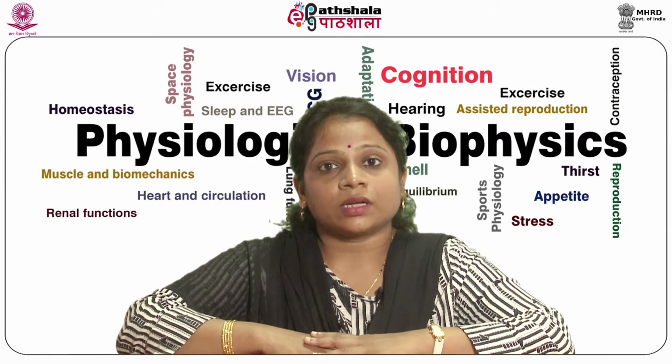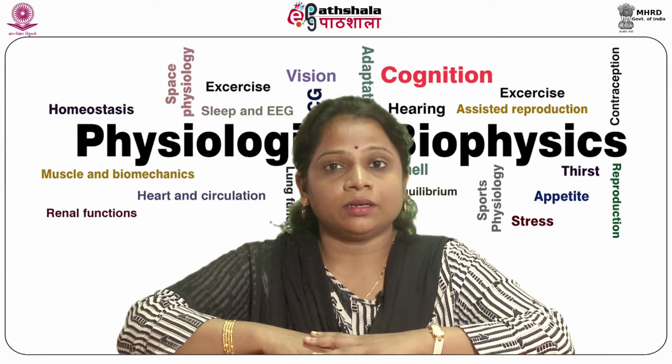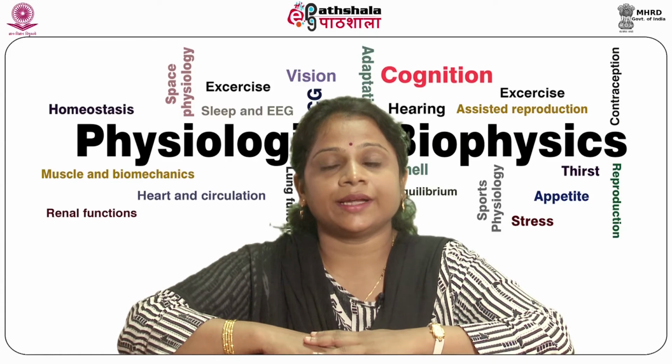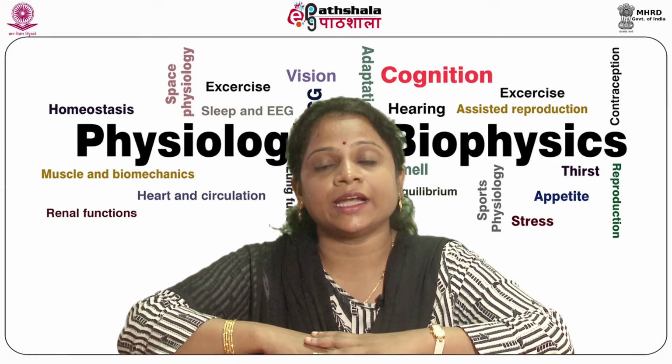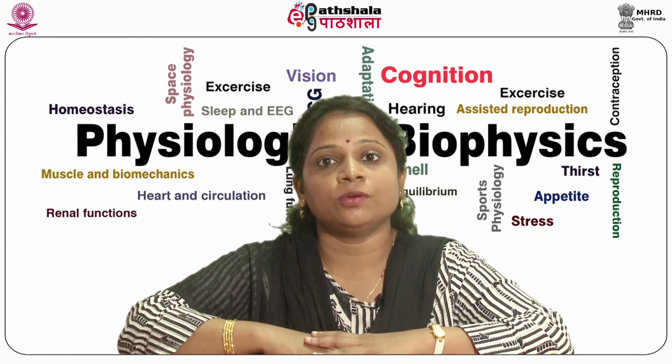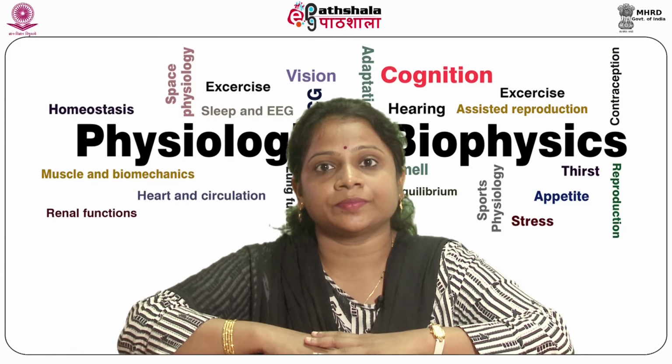The amount of carbon dioxide dissolved in plasma at 45 mm of mercury is 2.7 ml per deciliter, and at 40 mm of mercury it is 2.4 ml per deciliter.